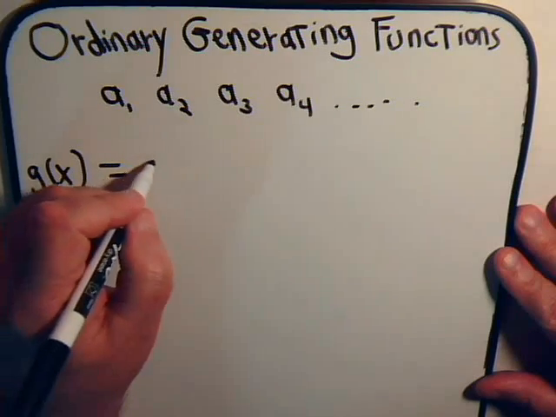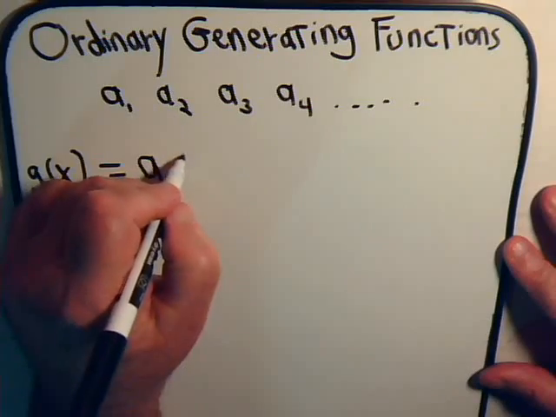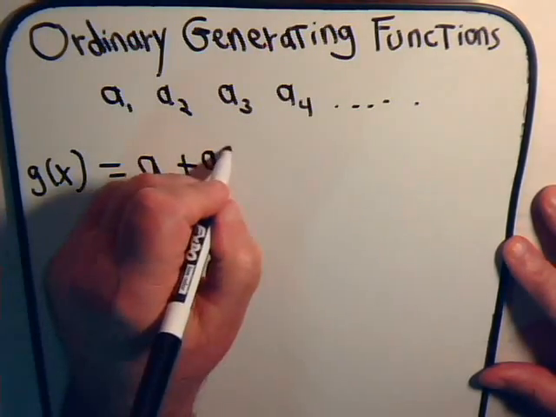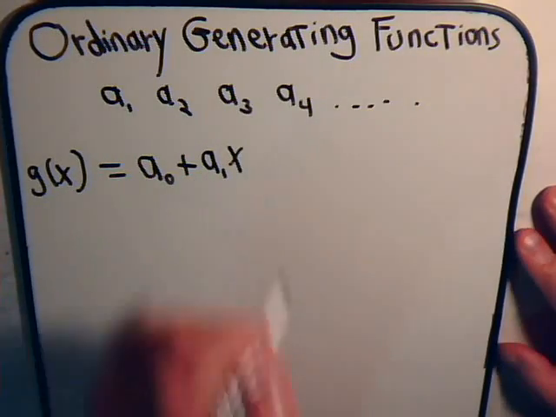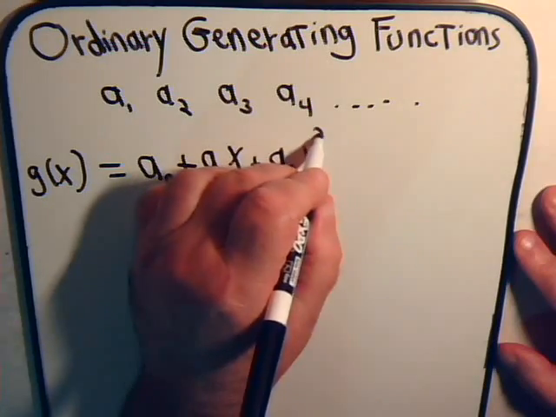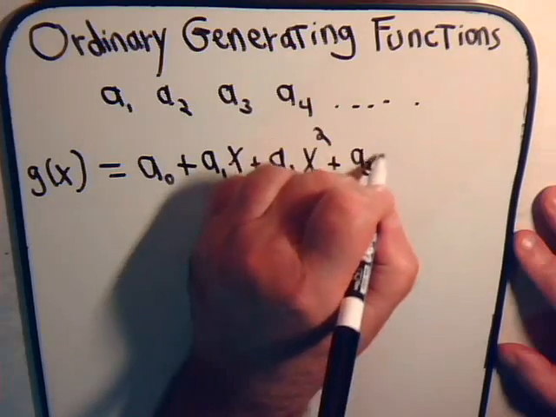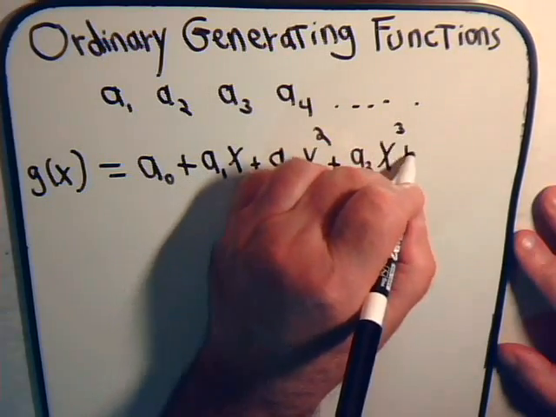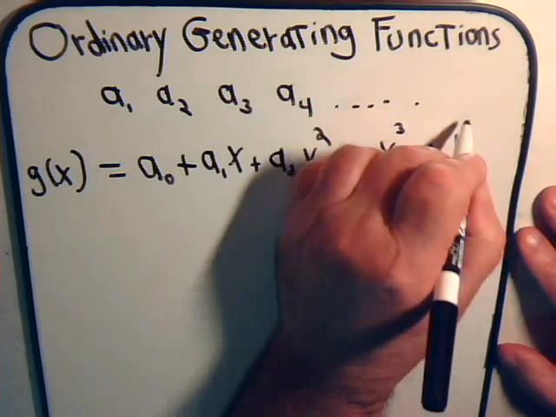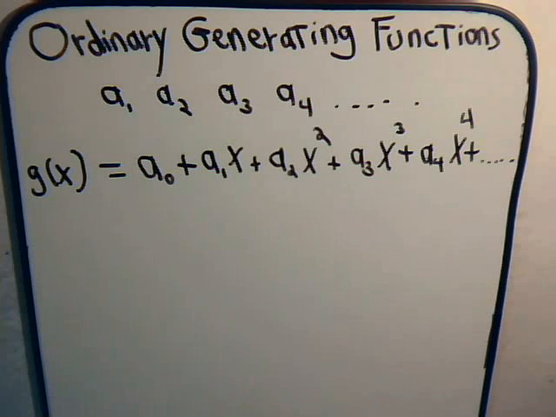The first term can be simply some constant a0 plus a sub 1 times x plus a sub 2 times x squared plus a3 times x cubed plus a sub 4 times x to the fourth power, and it can keep going like that all the way to infinity.